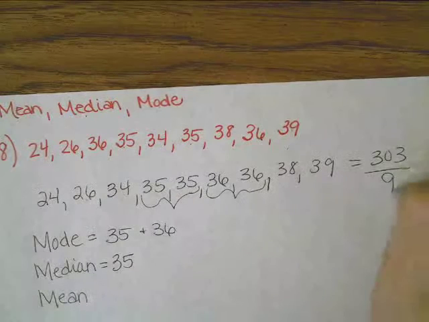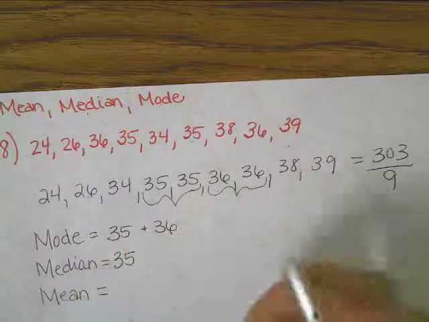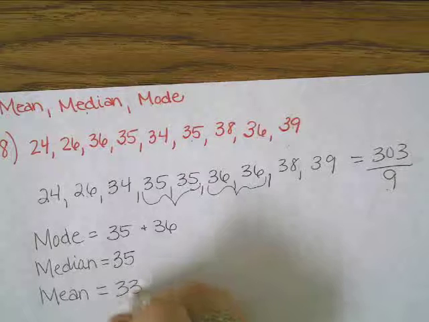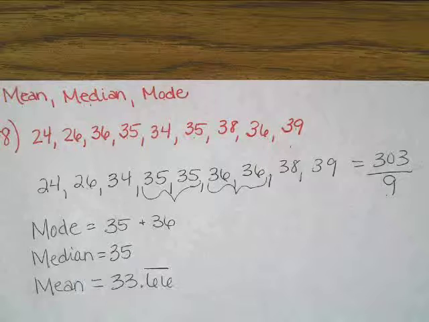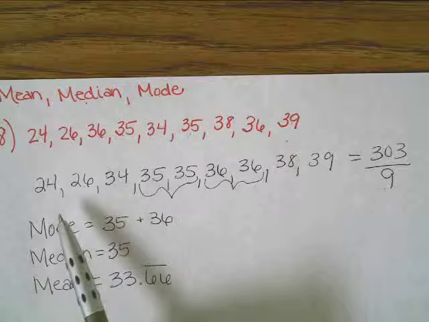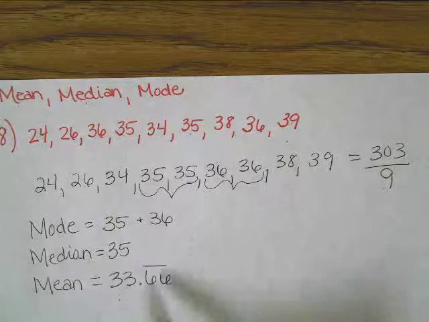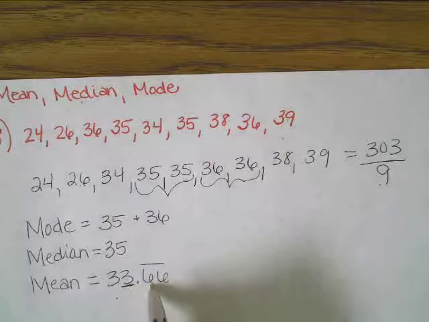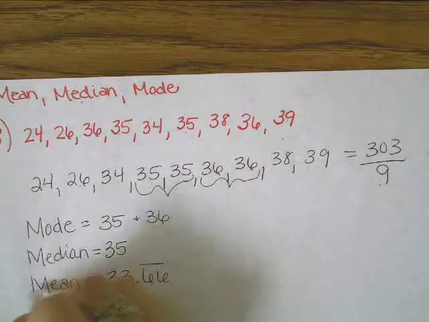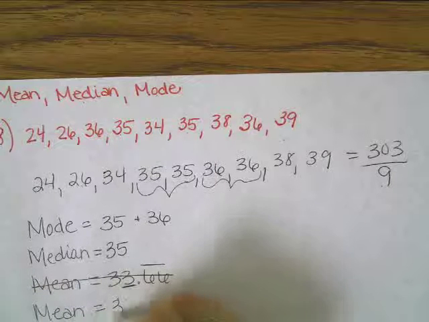I had 9, so I take 303 and divide it by 9. For my mean, I come up with 33.66 in the calculator. We have talked about for this class, if there are no decimals in these numbers, we don't want decimals here. So we have to round to this place, and that makes that go up. So our mean equals 34.